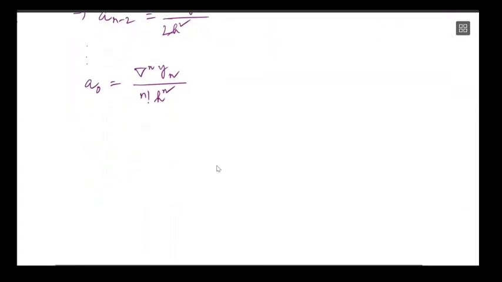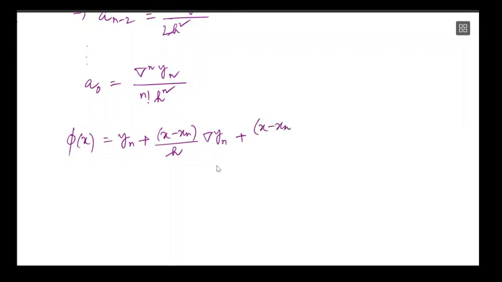Thus we have phi x equals yn plus x minus xn by h nabla yn plus x minus xn into x minus xn minus 1 by twice h square nabla 2 yn.